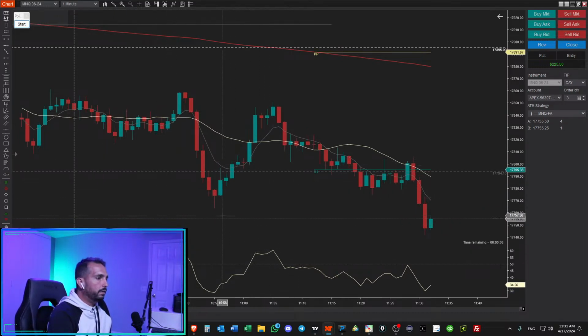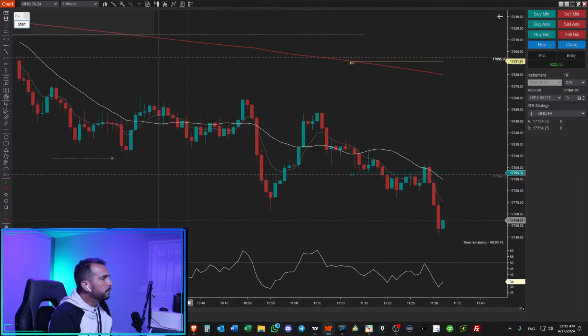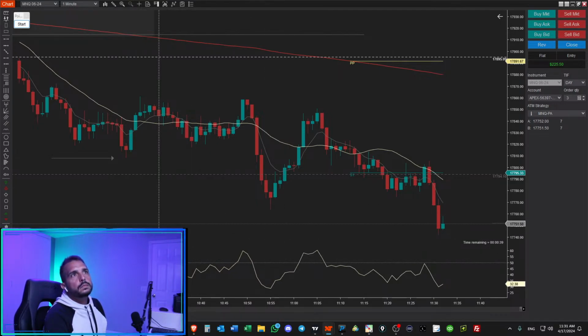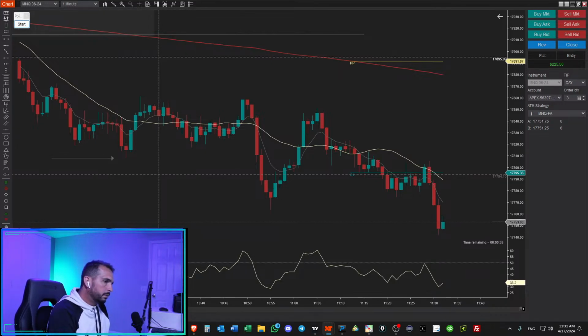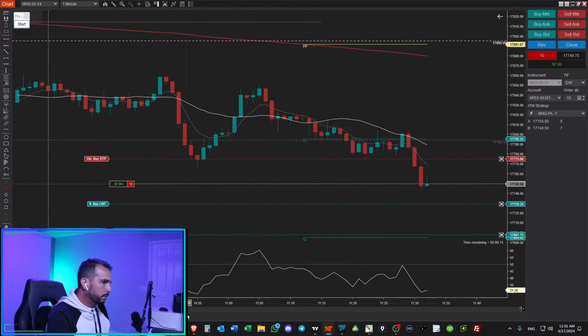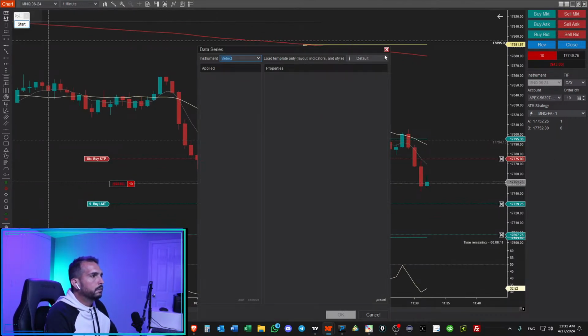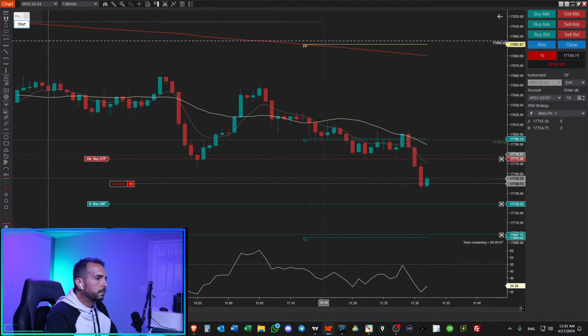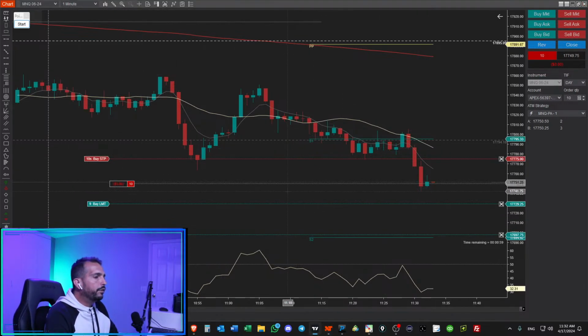Short here, and it goes short heavy. Going a little heavy on this.